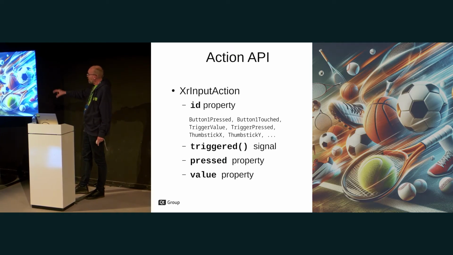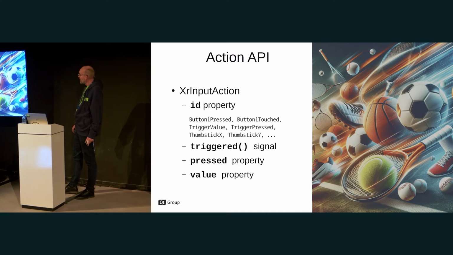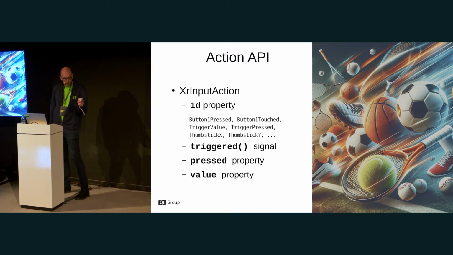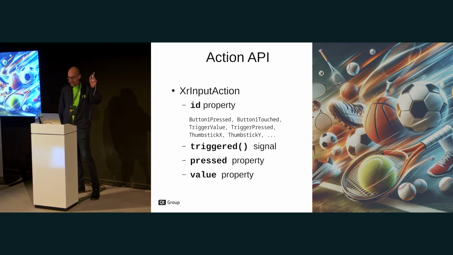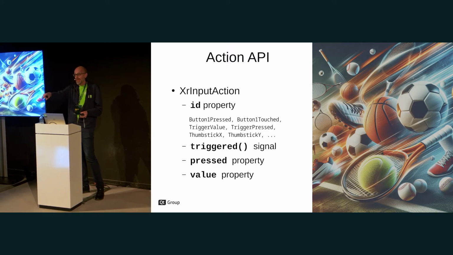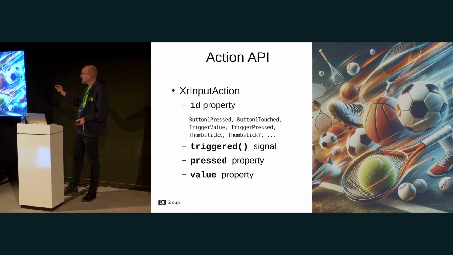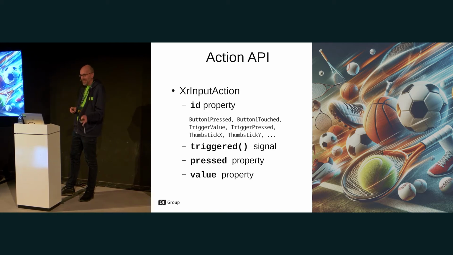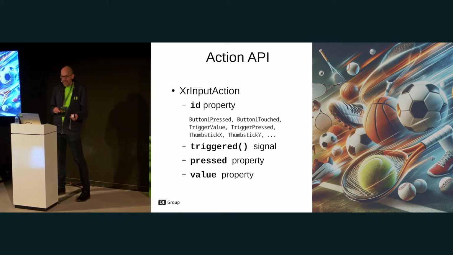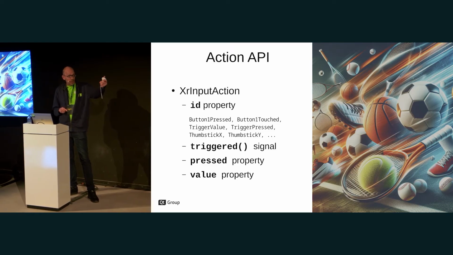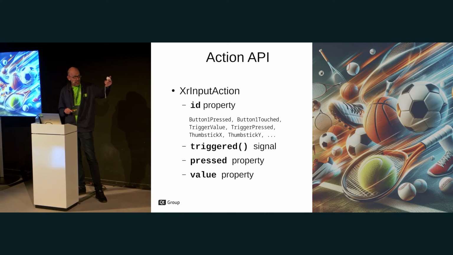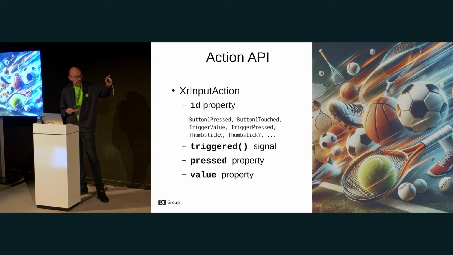We get the information in three possible ways. We get a signal whenever a button is pressed. Whenever whatever we specify happens, we get a trigger signal. There's a pressed property, a Boolean property we can query and see whether the thing is active or not. And then, if you look, the trigger here is analog and the thumbstick is analog.